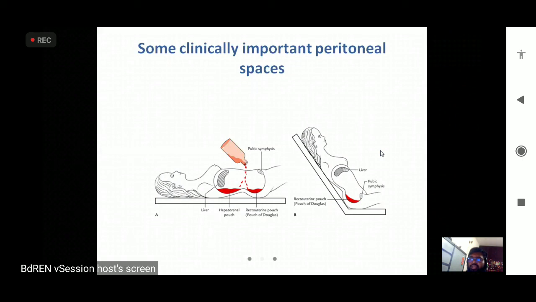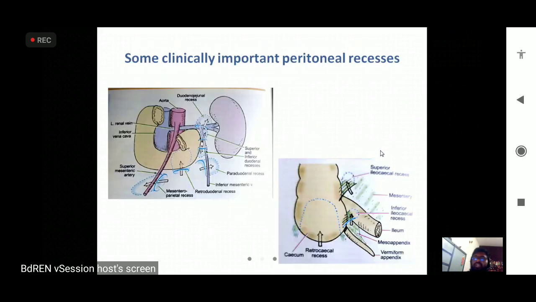And another thing, recess. There are some recesses in the peritoneal cavity or intraperitoneal recess. These are due to the fold of the peritoneum, and when some part of the intestine is caught here or here, it becomes a very problematic surgical problem.